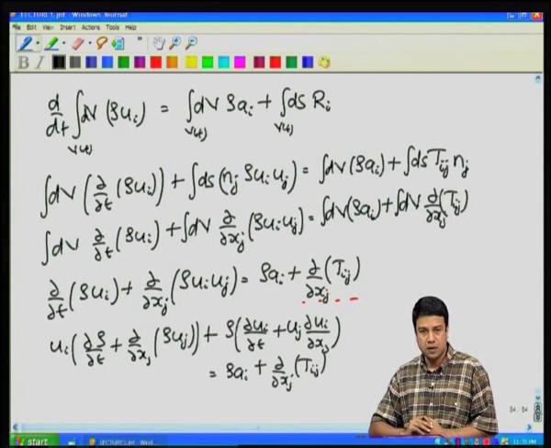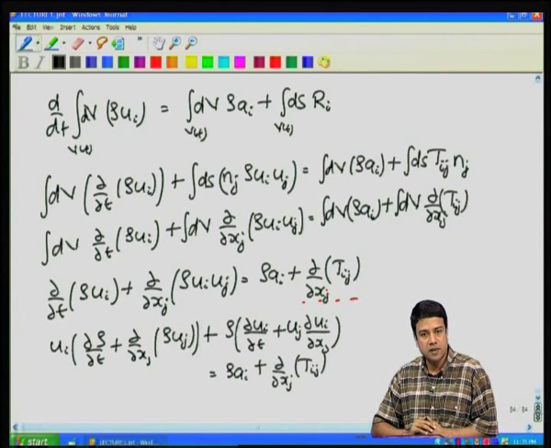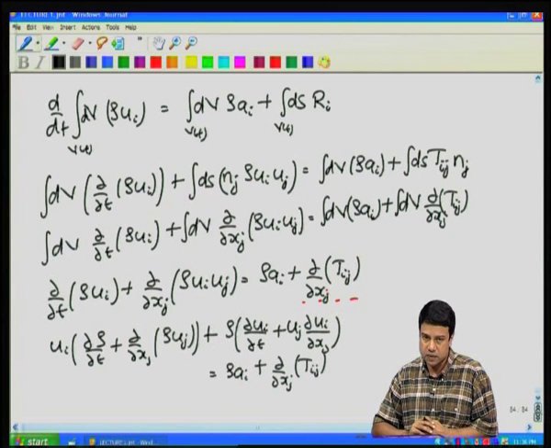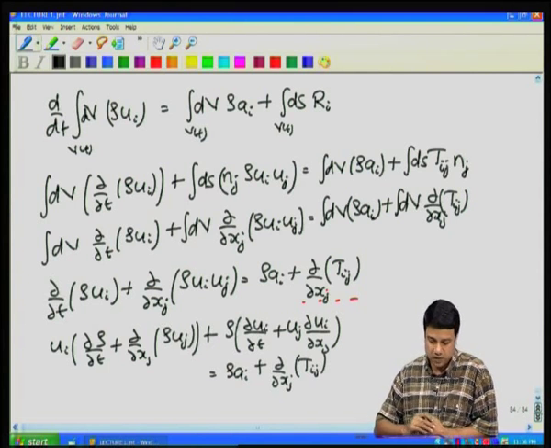And of course, ∂ρ/∂t plus ∂/∂x_j of ρ u_j, that is ∂ρ/∂t plus divergence of ρu, is just equal to 0 from the mass conservation equation.